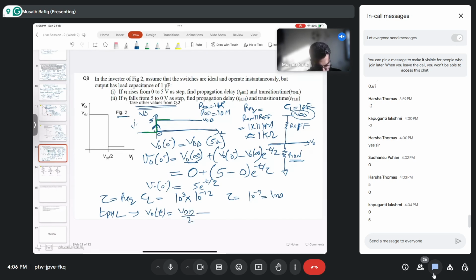I need to find out the time when my output changes to 2.5 volts. So 2.5 is equal to 5 e raised to the power minus TPHL by tau, where tau is 1 nano, and that implies TPHL is equal to 10 raised to the power minus 9 ln of 2, which is 0.69 nanoseconds, right?